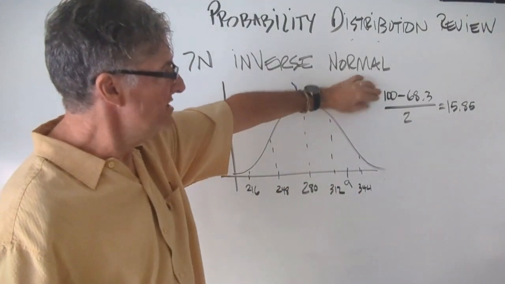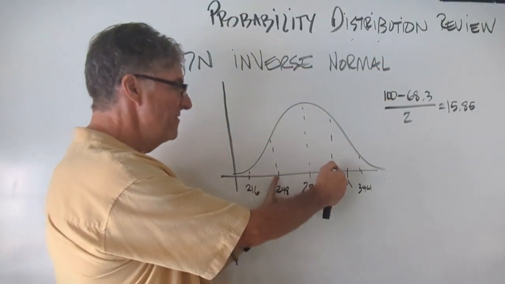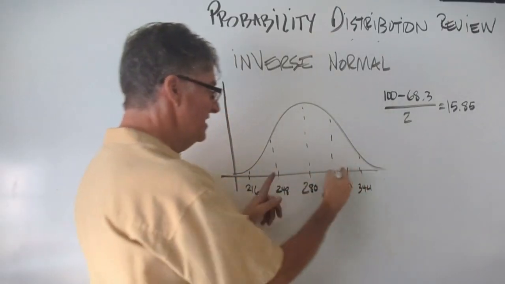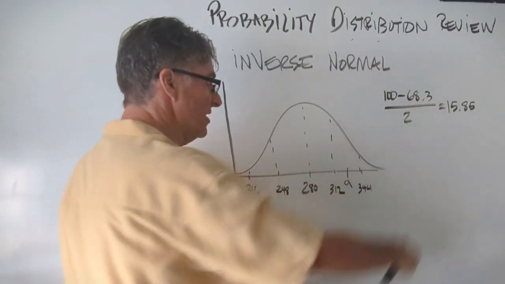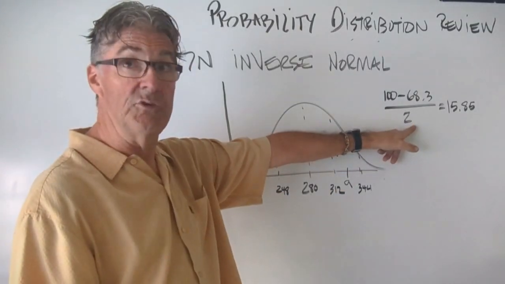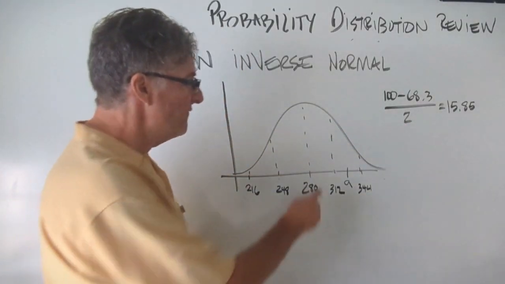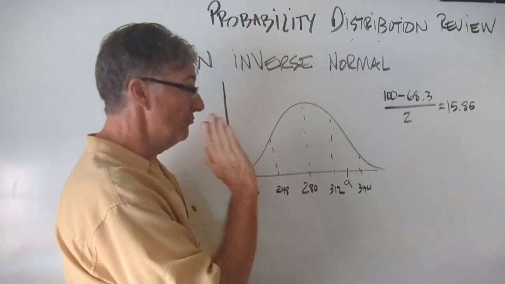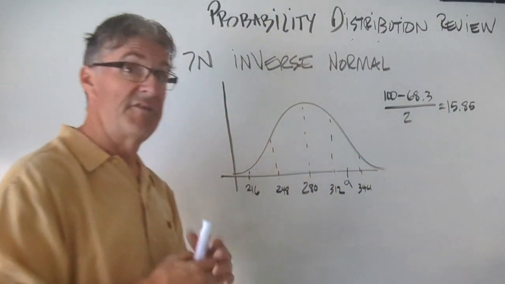So check this out. I subtracted 68.3 from 100. That gave me this plus that. If 68.3 is here, whatever's left is in both those areas. So I divided it by 2 so that I could get what was here. So 15.85% lies on the large side to the right, 1 standard deviation and further from the mean.